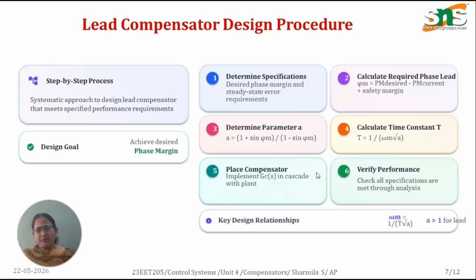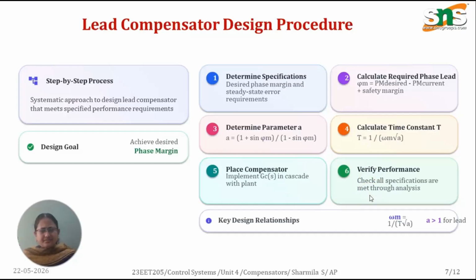Step 4: calculate the time constant T, where T = 1/(omega m root a). Step 5: implement Gc(s) in cascade with the plant. Step 6: verify the performance, ensuring all specifications are met through analysis.